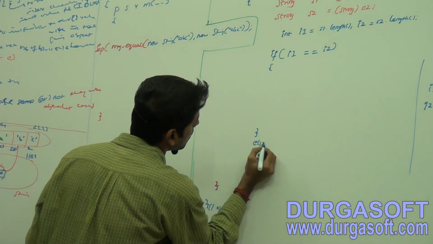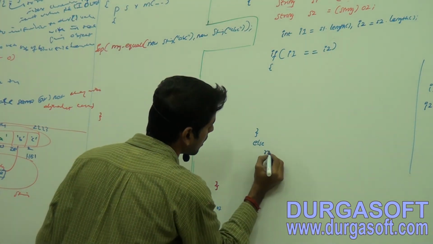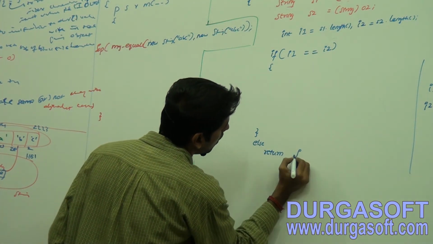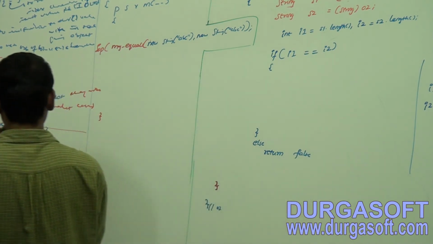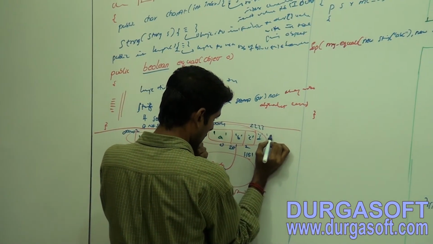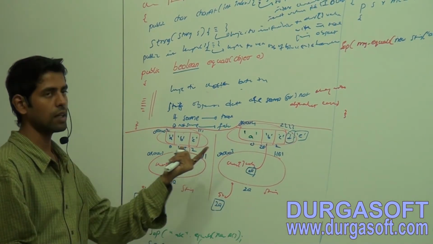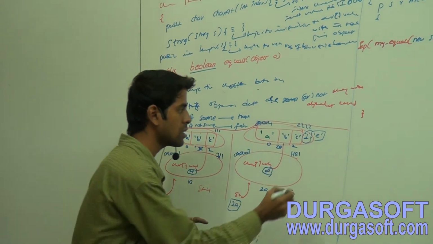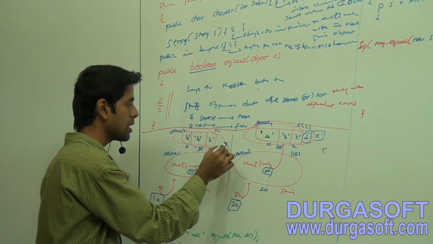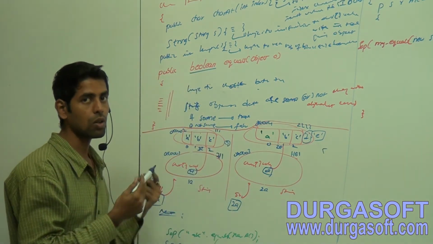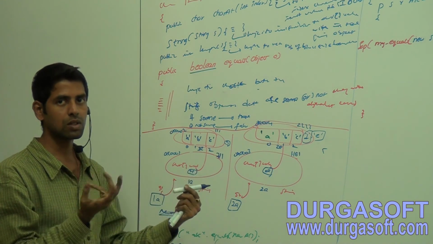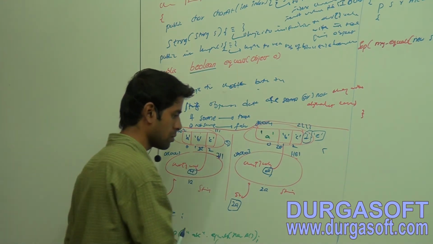Otherwise, directly, friends, return false. Observe here, A, B, C and A, B, C, E. What happens? Both are different. One will have length 5, the other will have length 3. 3 and 5, both are not equal. Both the string objects are not equal.